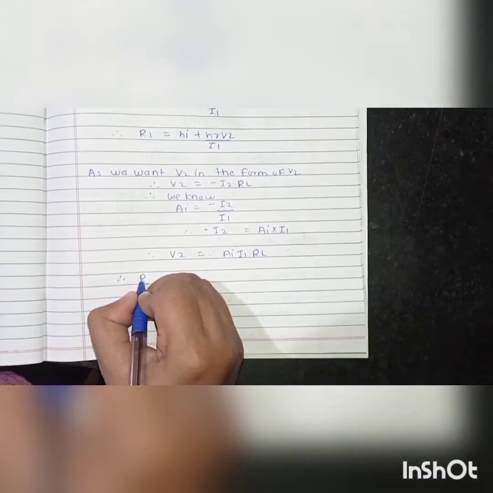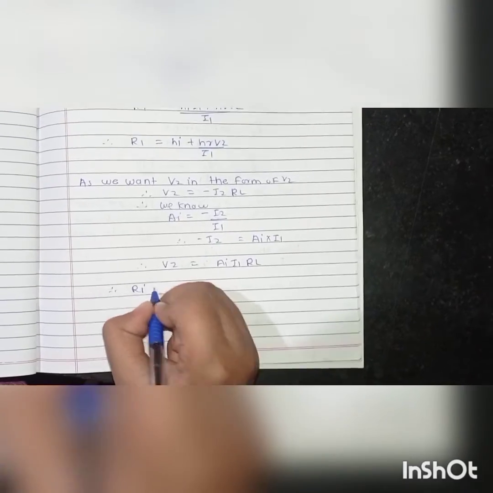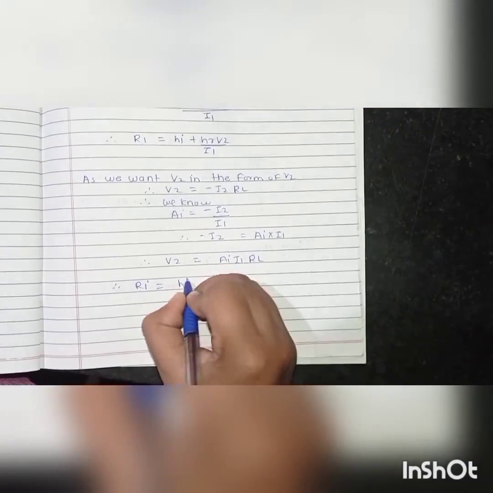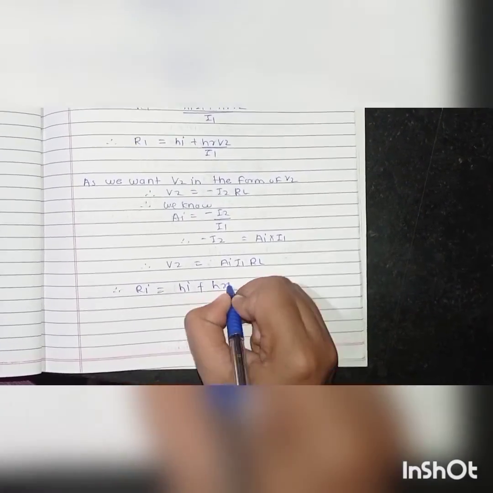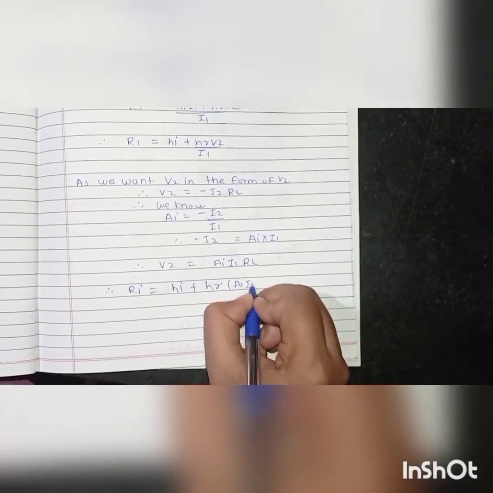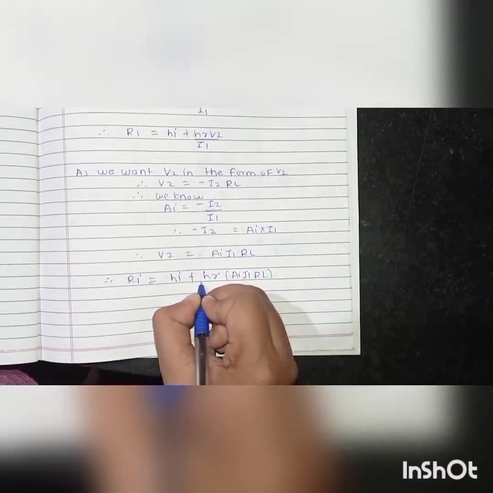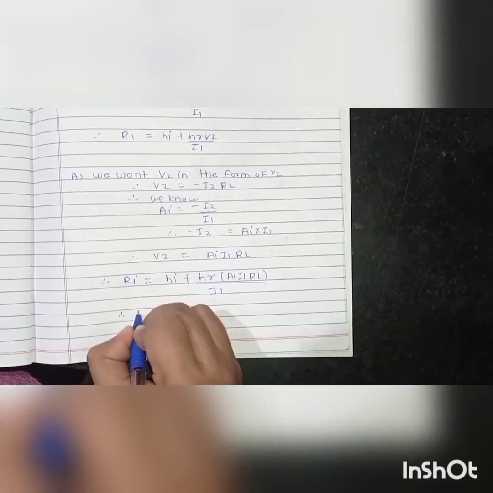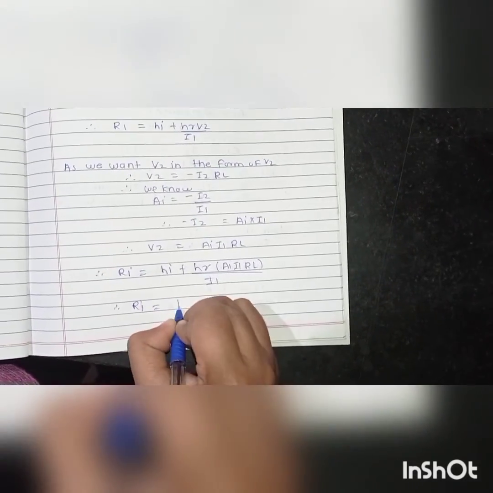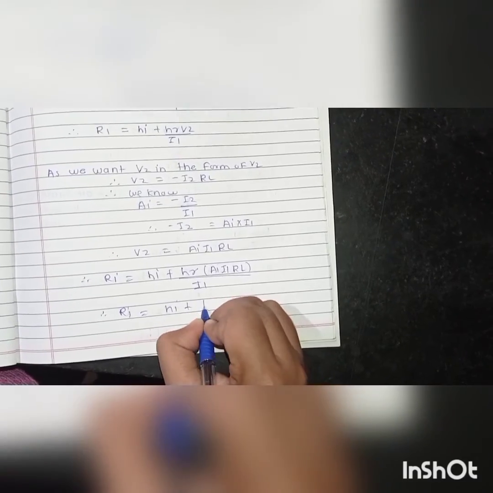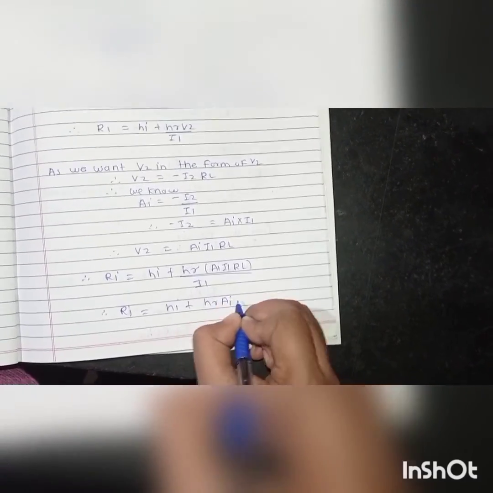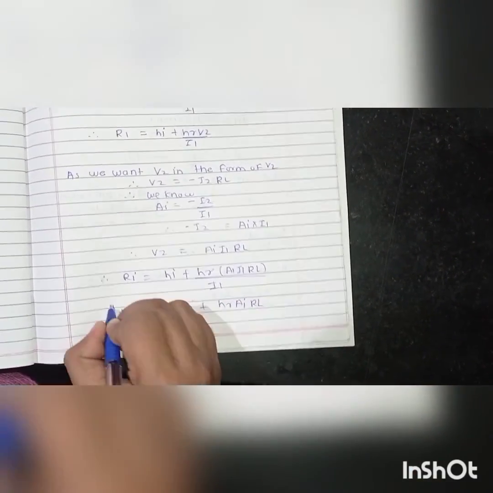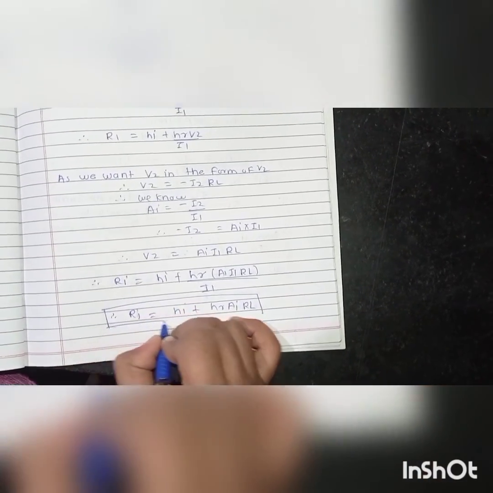Therefore Ri is equal to hi plus hr AI I1 RL divided by I1. Therefore Ri is equal to hi plus hr AI RL. It is the input impedance of the given circuit.